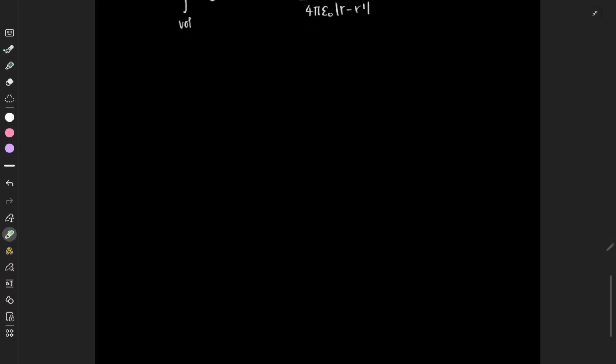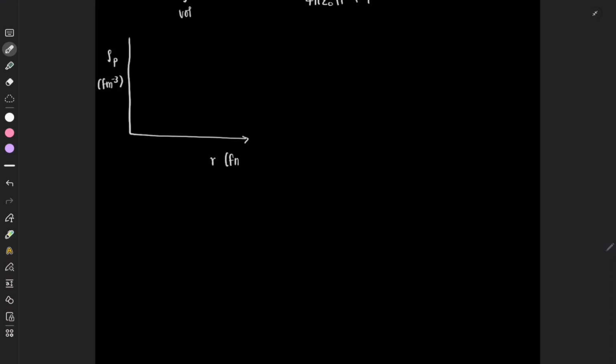So let's take this graph. This is rho of p. We are only taking the case of protons. So rho of p means the charge distribution for protons versus r, and the unit is femtometer to the power minus 3.